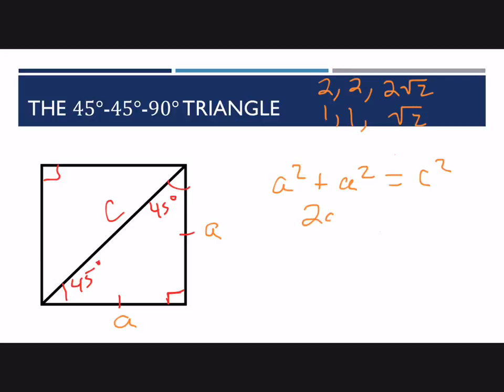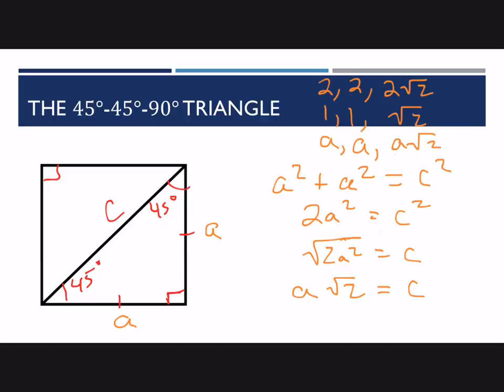So I would get 2A squared is C squared, and then when you square root that, the A squared part can be square rooted, but not the 2. Okay, so I would get A times square root of 2. So in general, whatever your two side lengths are, A and A, your third one is going to be A times the square root of 2.